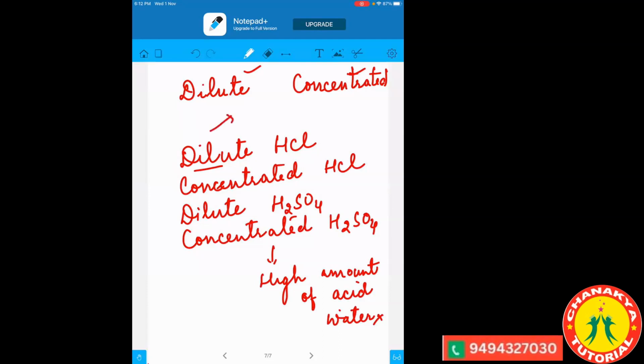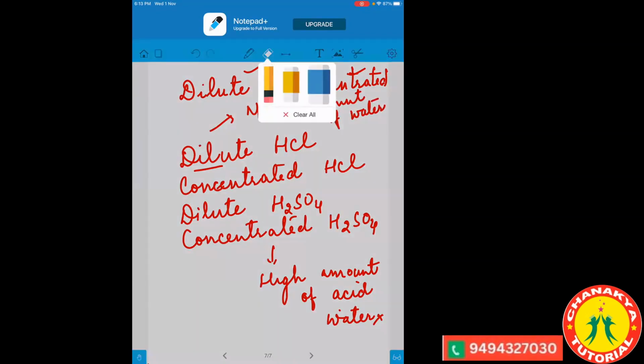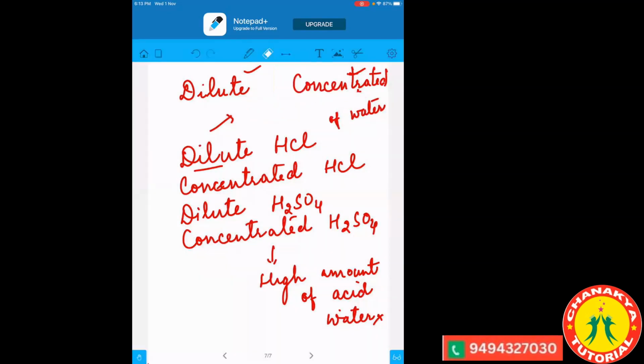And dilute means a large amount of water is present, or water is added in it. Clear? So dilute means water is added in it, and concentrated means water is not added in it.